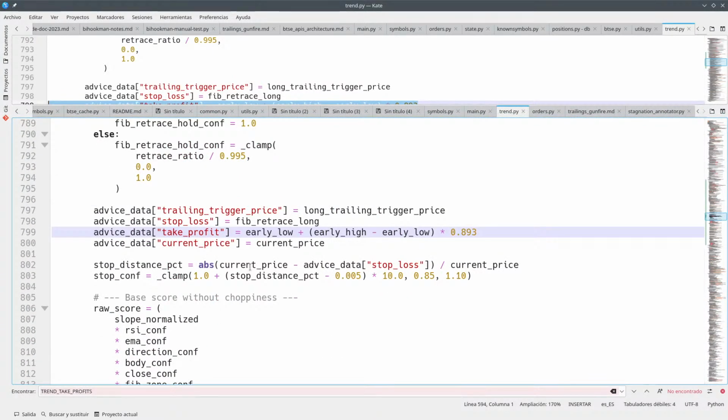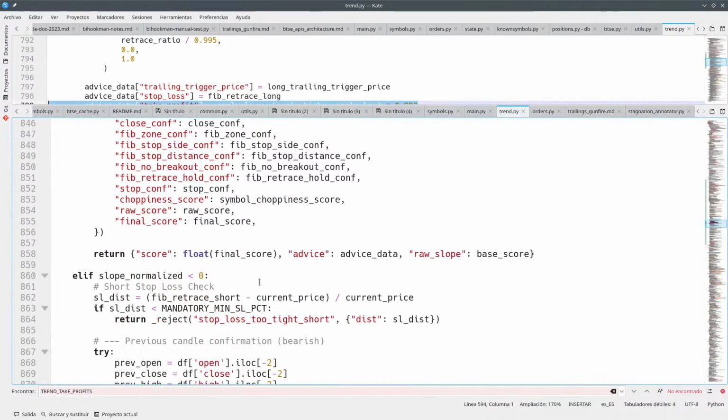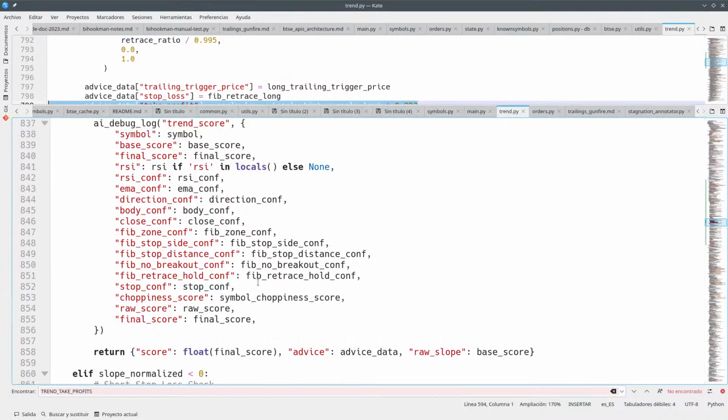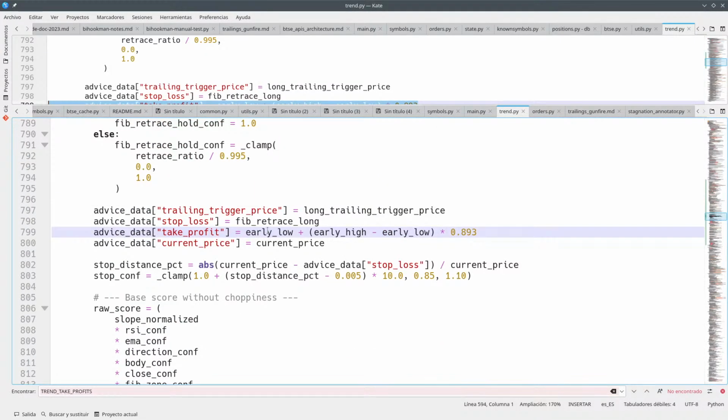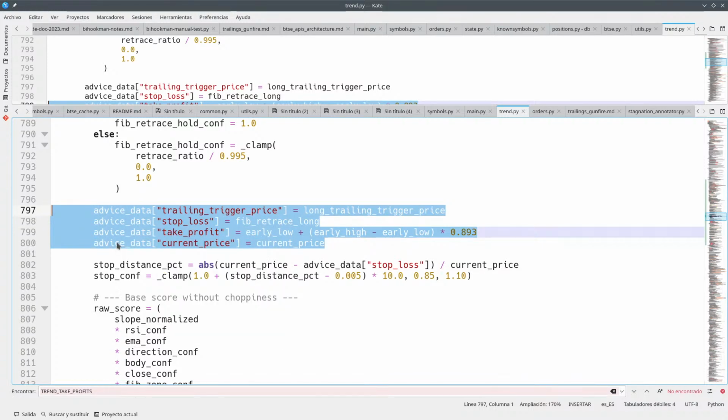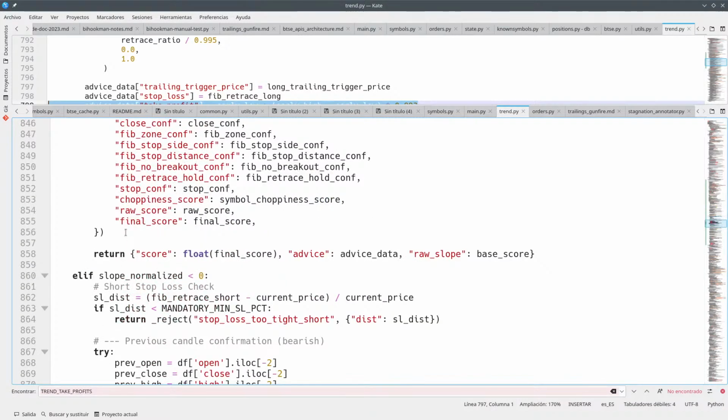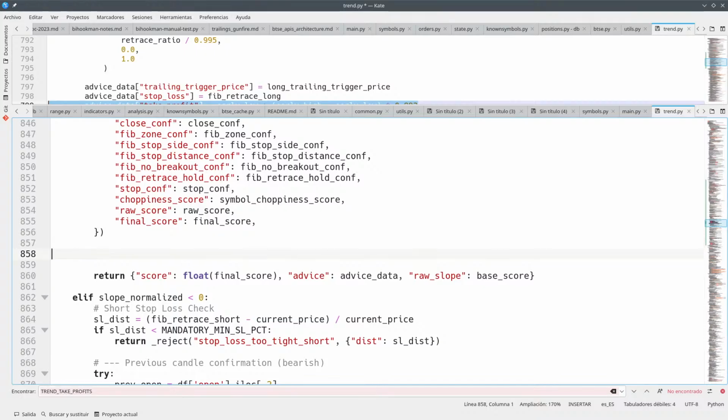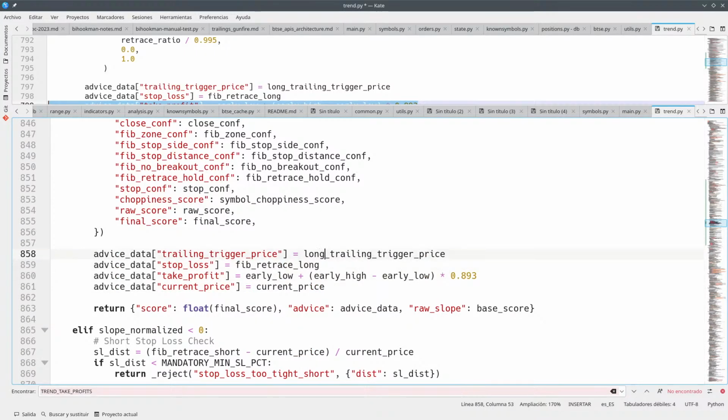So before returning the advice data, I just want to print it down here, so that I can understand later on what's going on.